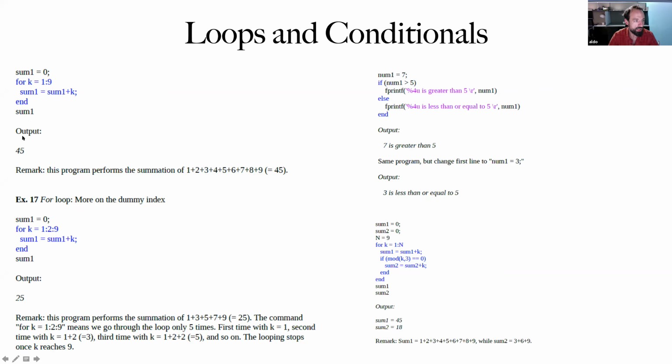While you can also do this: if you don't specify a step, MATLAB will go one by one. You can also decide to change the pace, and so the spacing between iterations, as is done in this example. So instead of summing every time, the summation is performed every other time, and you see that the output is smaller.